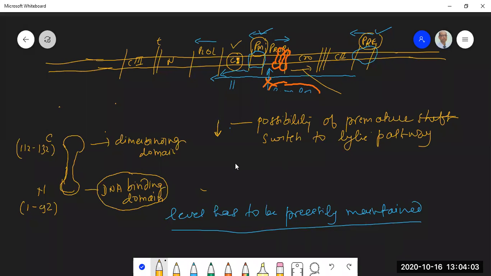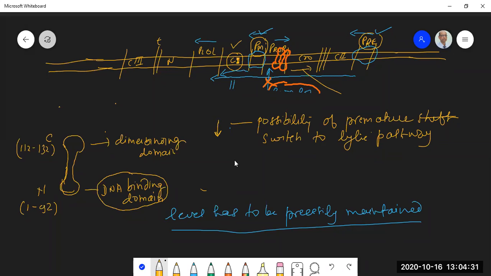Please understand, lysogeny is maintained only by the expression of CI or CL. It is the only gene which is expressed during lysogeny. And the gene product, the repressor protein, a 26 kilodalton dimer, dumbbell-shaped protein, is responsible for the bacteriophage lambda remaining in the lysogenic pathway.